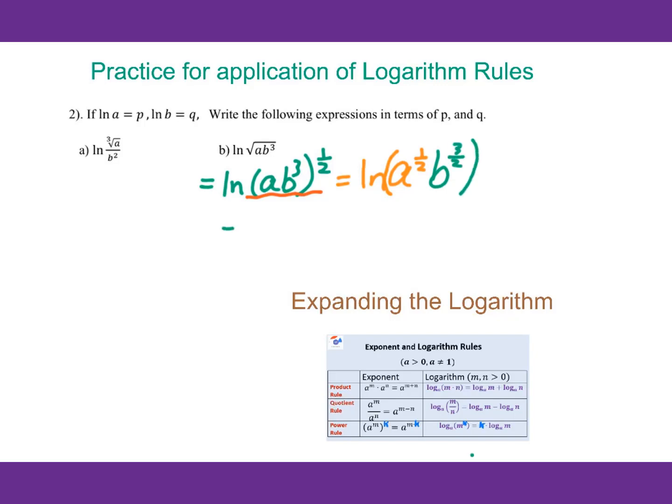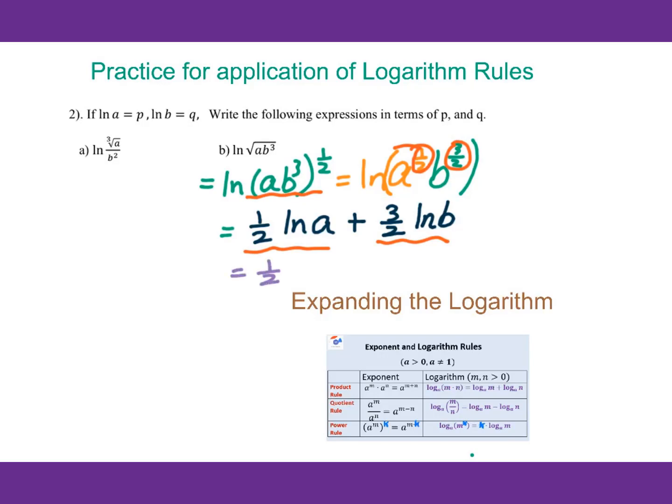Then we expand the log. You will get 1 over 2 natural log of a plus 3 over 2 natural log of b. Drop down the exponent when you do the expanding. Then last step, plug in. You will get 1 over 2 times p plus 3 over 2 times q.